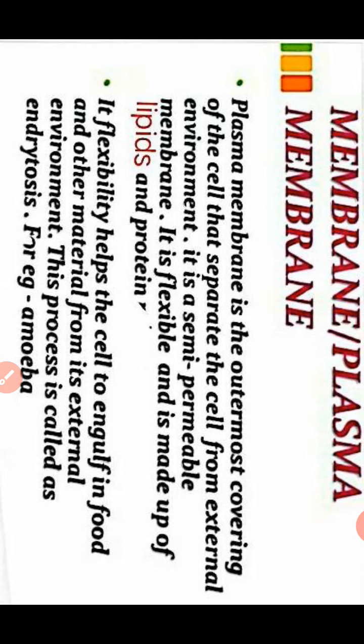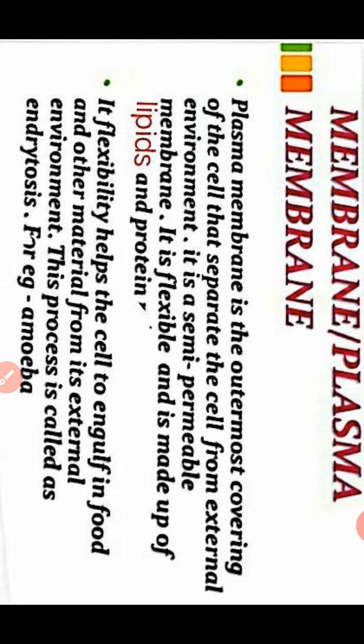Some substances are required by the cell, so they can enter the cell, but materials that are not required by the cell do not enter. It is flexible and is made up of lipids and protein. So what is the chemical component of the membrane? It is made up of lipids and protein. These are the two organic materials present in the cell membrane.